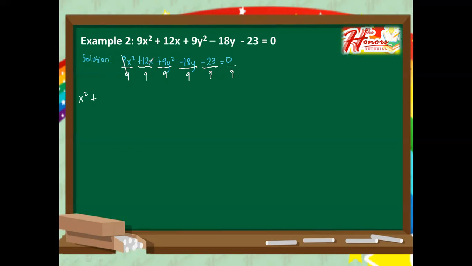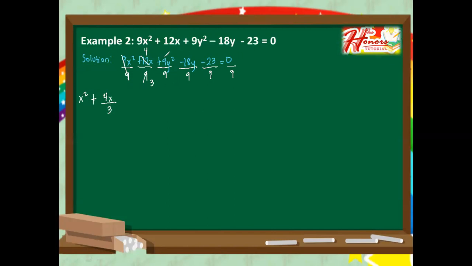Think of a number that can divide 12 and 9 at the same time without remainder. And that is 3, right? So let's divide by 3. 12 divided by 3 is 4. 9 divided by 3 is 3. So now we have here 4x over 3. And that's it.